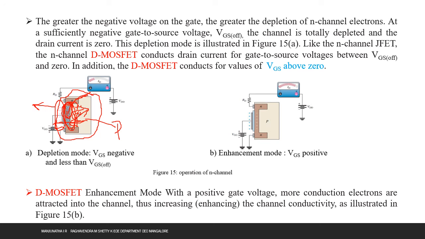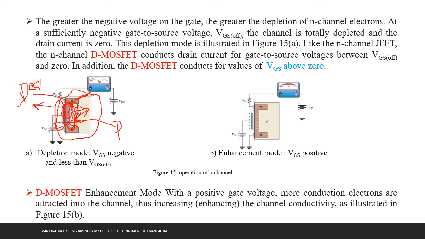So the positive charges will be attracted, the negative charges that are already there will become neutralized, and the channel width will decrease.